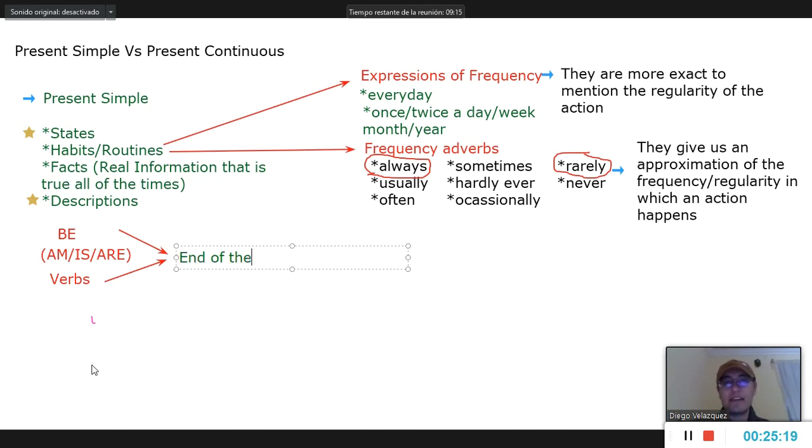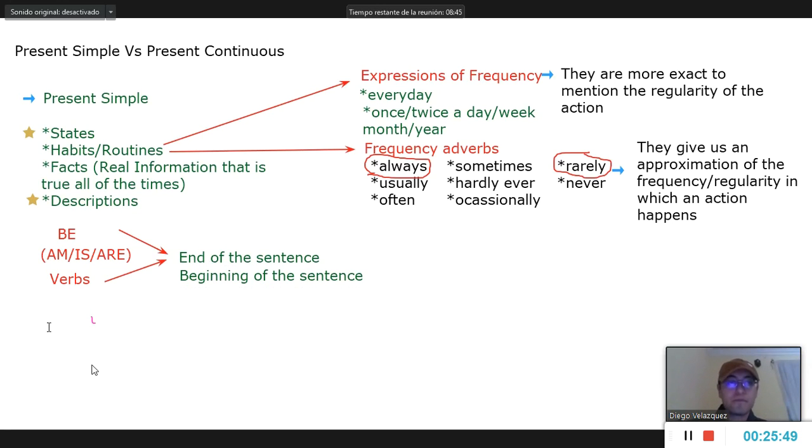The most common part is that you use these expressions at the end of the sentence. Or it is also possible to use these expressions at the beginning of the sentence. So the point in here with these expressions of frequency that are very exact or very precise, these are your options. You use these expressions at the end or you use them to start the sentence, okay?